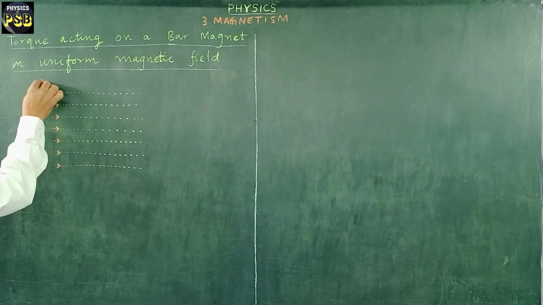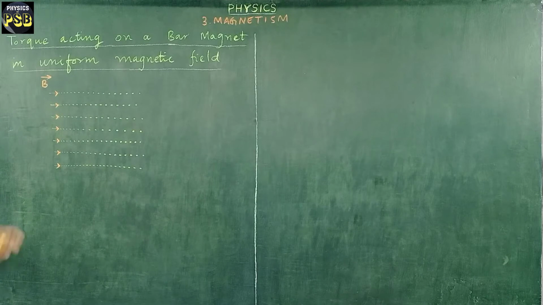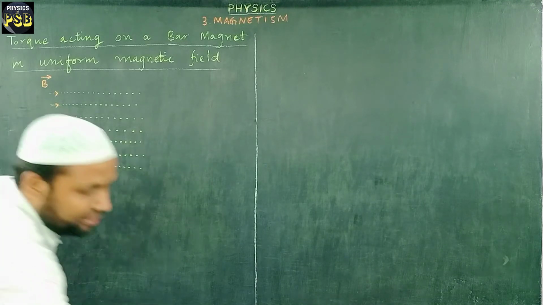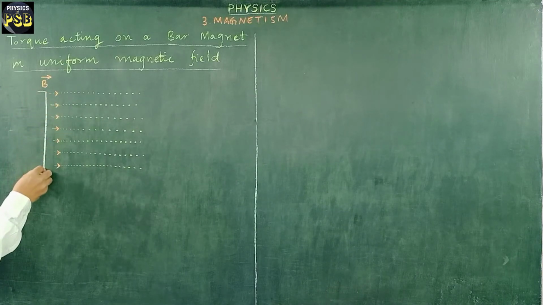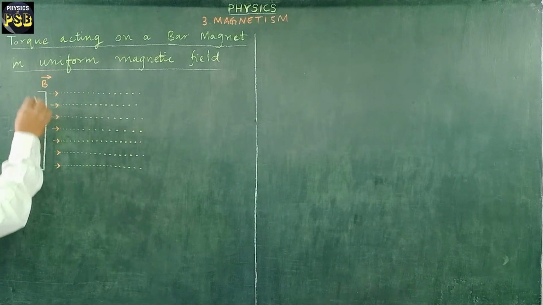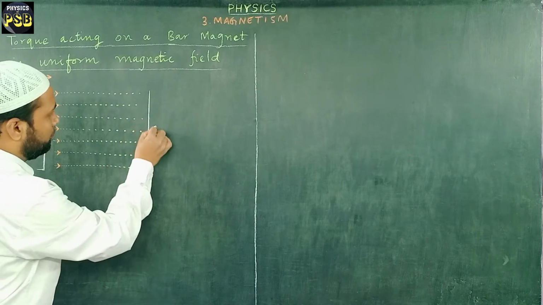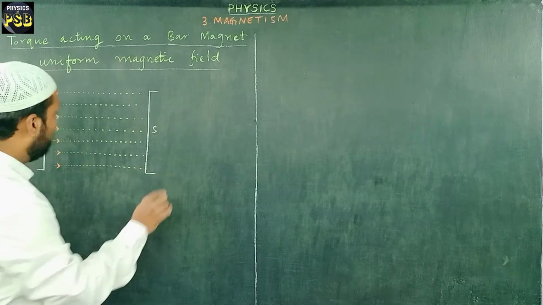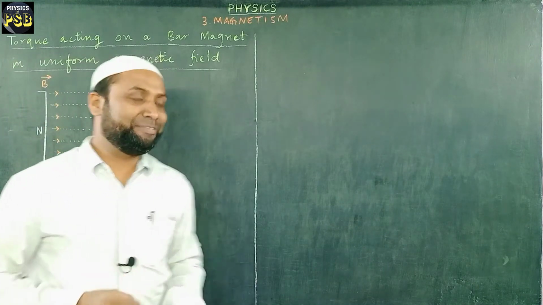This magnetic field is denoted by the letter B vector. When the magnetic field is acting in this direction, this side we have the north pole and here we have the south pole of the magnet which has produced this uniform magnetic field.